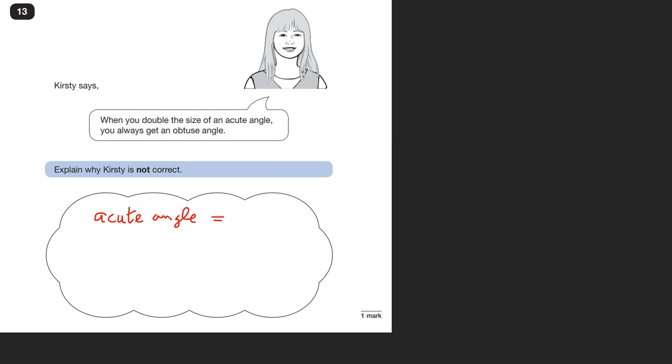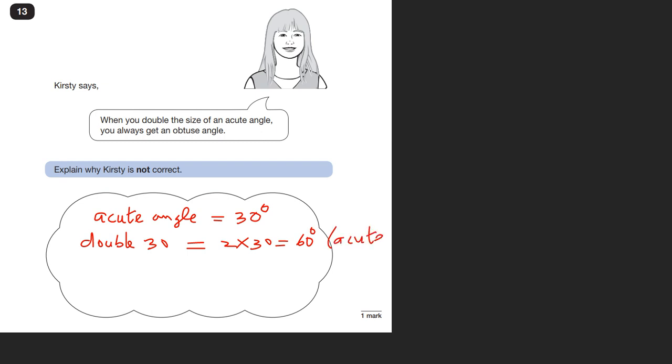Let's say you can say 30 degrees, right? And double 30 gives 2 times 30 is 60 degrees, right? Still it's acute.